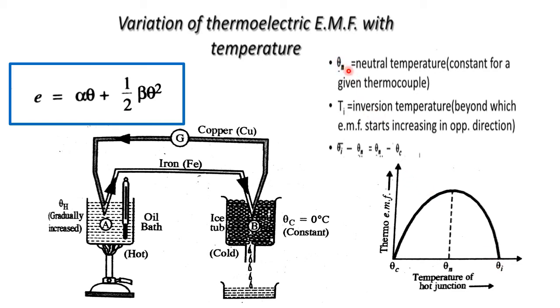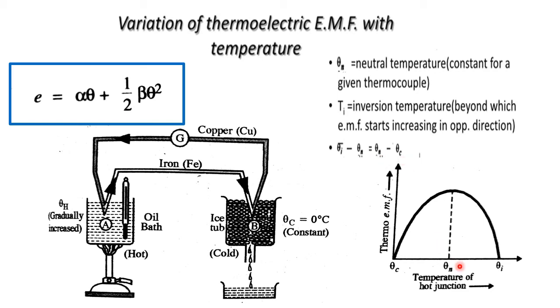Clear? Theta n is the neutral temperature, which is constant for a given thermocouple, whereas theta i is the inversion temperature, or temperature of inversion, beyond which the EMF starts increasing in the opposite direction. So here you can see that theta i minus theta n is equal to theta n minus theta c.